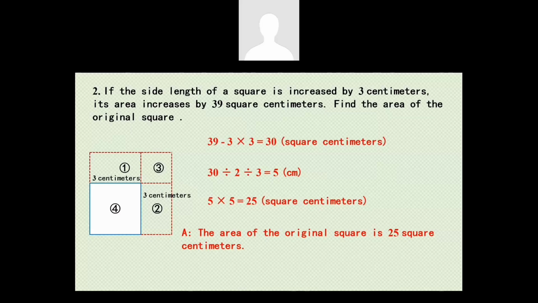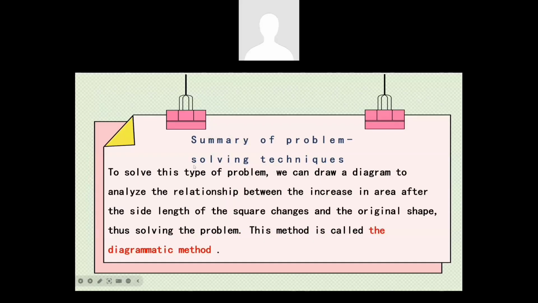Strip total equals 30. And the 2 strips' width sum equals 6. Original area equals 25 square centimeters. This is called the diagram method, using a picture to understand the relationship.